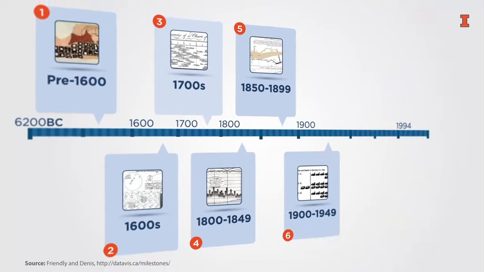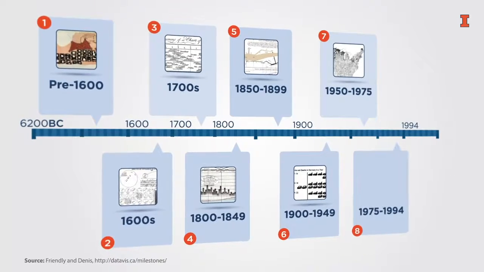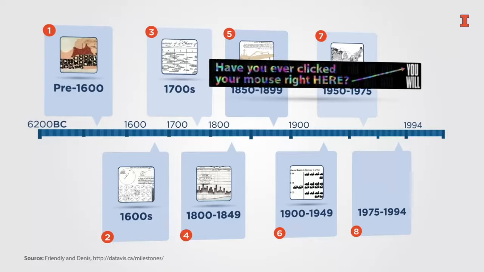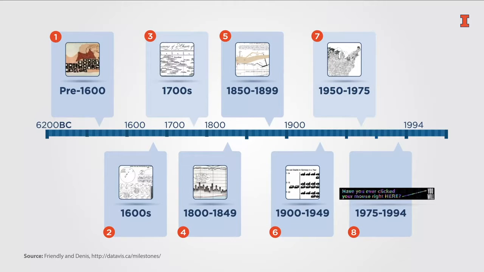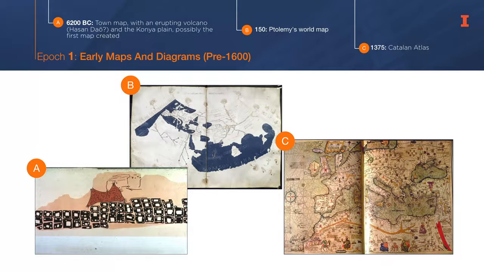They spread out, literally going back 7,000 years into human history. And as I've said, each one contains some inflection points that move us along. We'll discuss each of those now quickly. The first period, the first epoch, is what we call early maps and diagrams.